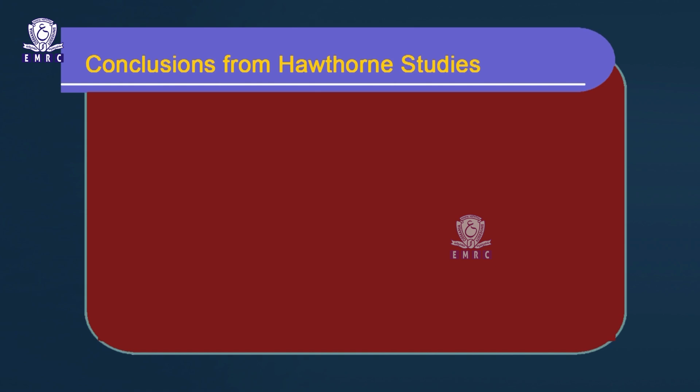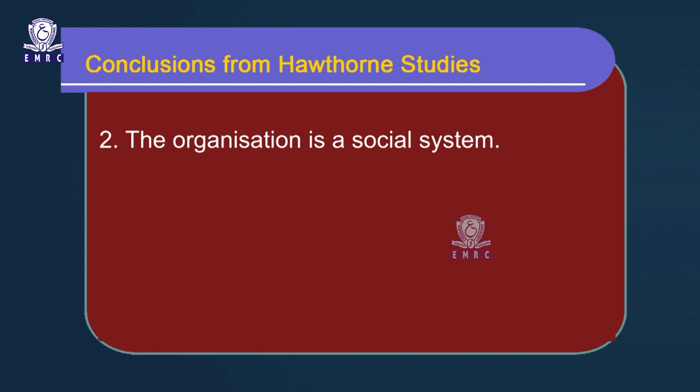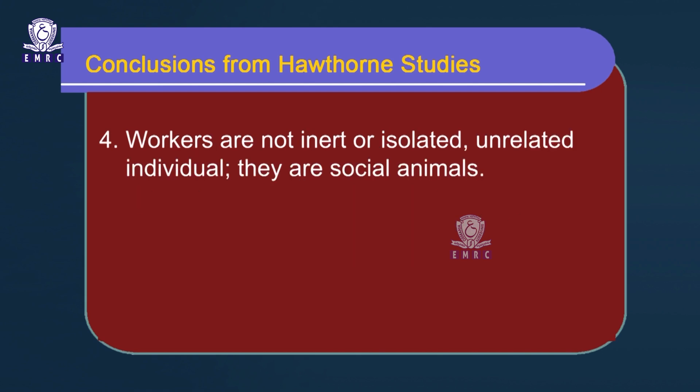The conclusions from Hawthorne studies briefly are: the social and psychological factors at workplace, not the physical conditions of the workplace, determine the employee's morale and output. The organization as a social system. Non-economic rewards and sanctions significantly affect the workers' behavior, morale and output.